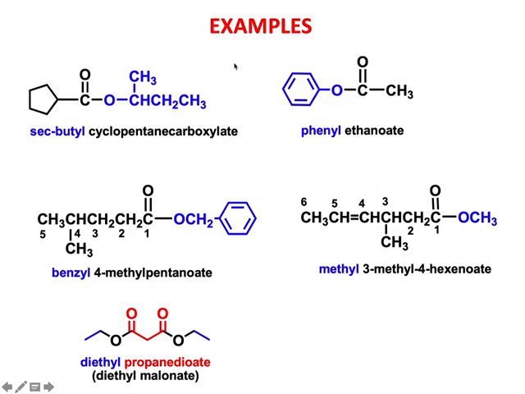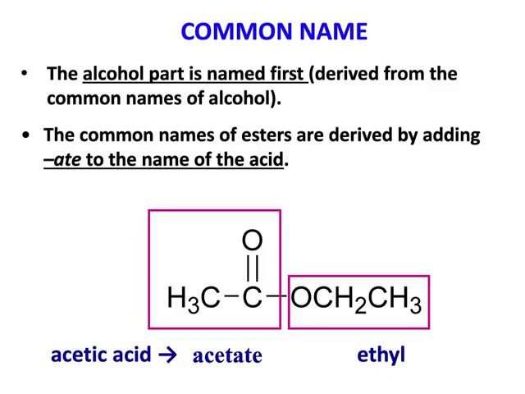So here are some examples of ester. You can study and try to give a name for every compound to understand ester nomenclature. So here is the common name for ester. The alcohol part is named first, derived from the common name of the alcohol. The common name of the ester is derived by adding ate to the name of the acid.